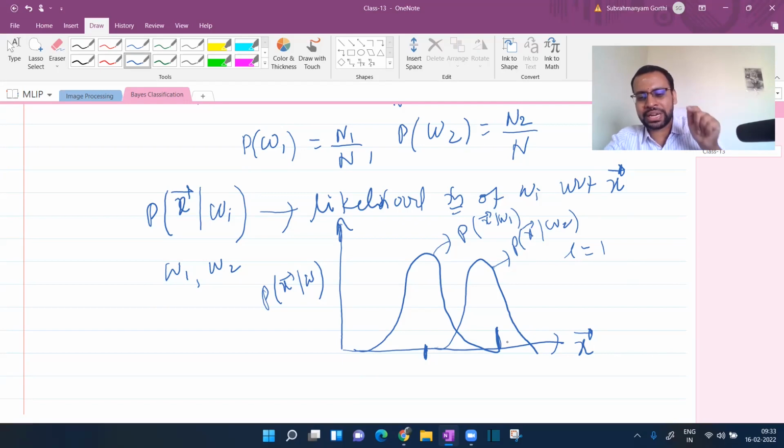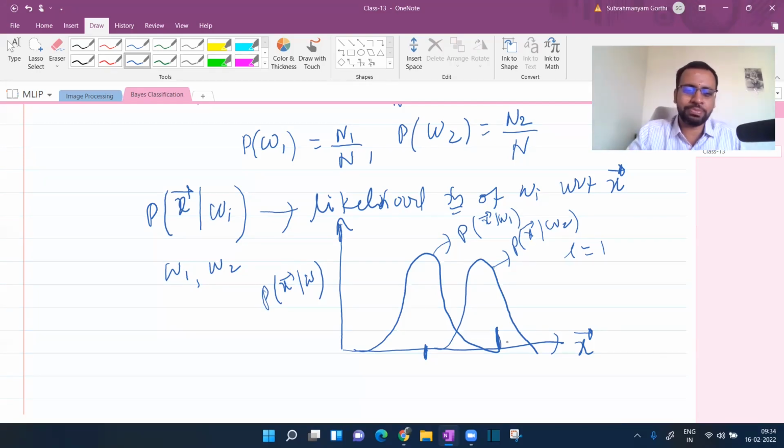We are calling it a feature vector for the time being. Let's consider its dimensionality is 1. There is only one element there. So now let us make an assumption that each class has a Gaussian distribution with respect to your feature vector.